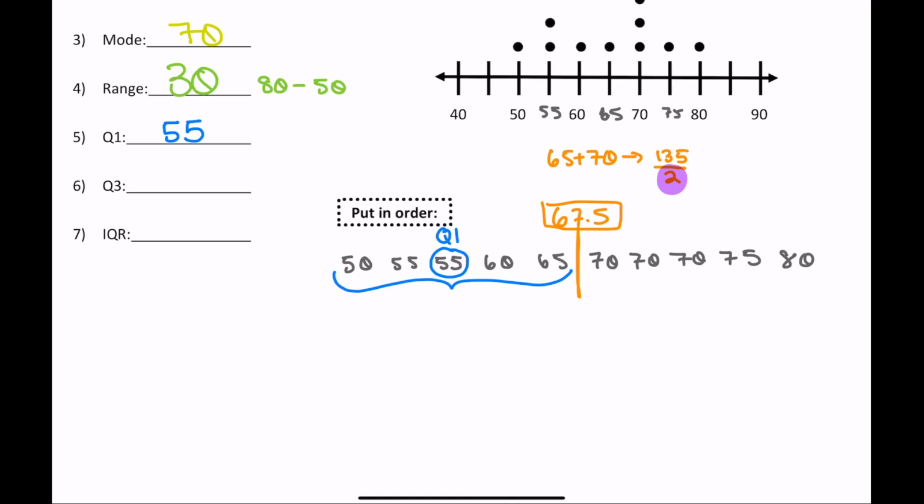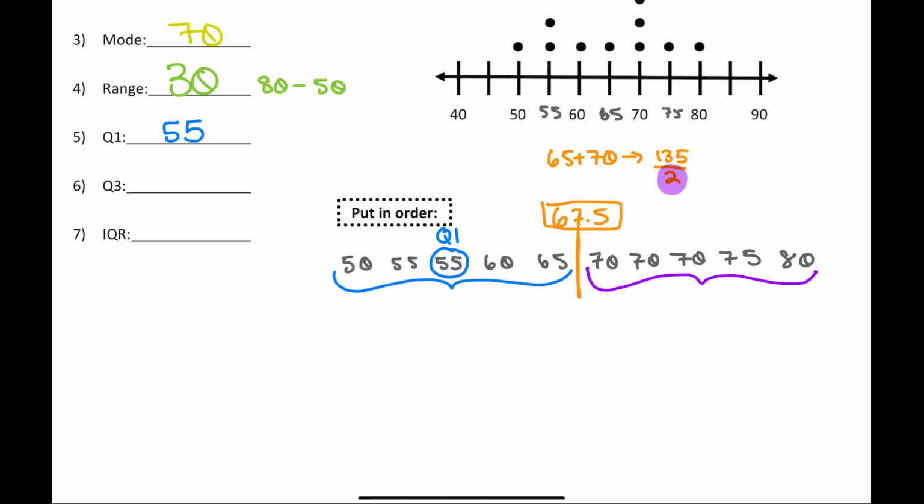Again, we are looking at all 5 of these numbers to the right of our orange line. Yes, I know we used this 70 to figure out our median, but it is not the actual median. What we averaged out, that 67.5, that's our median.